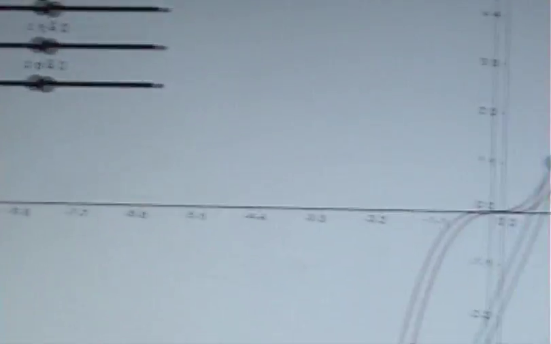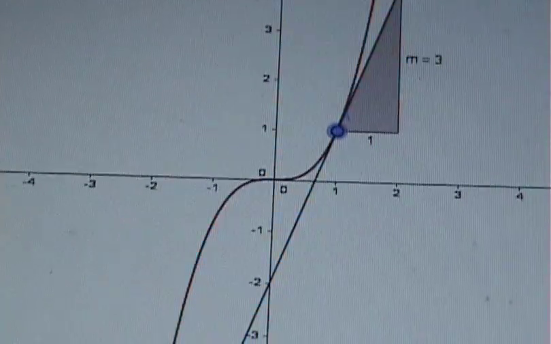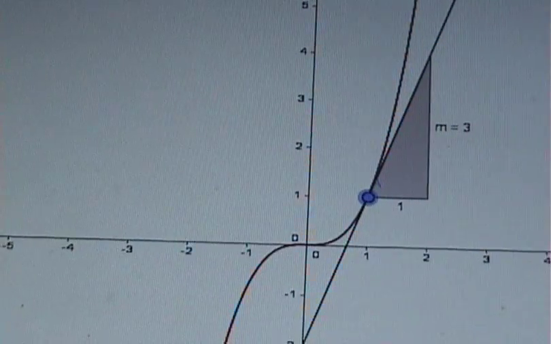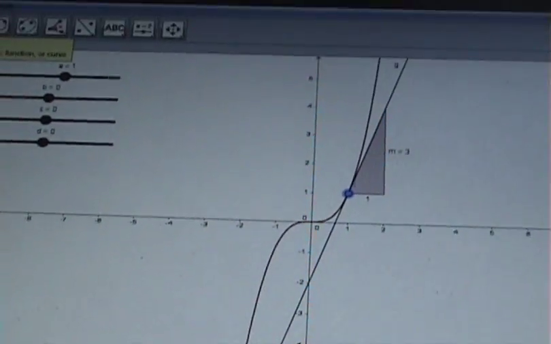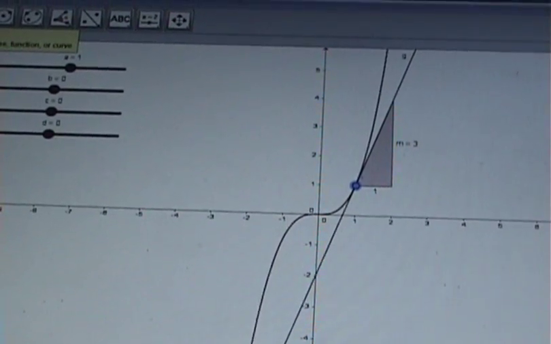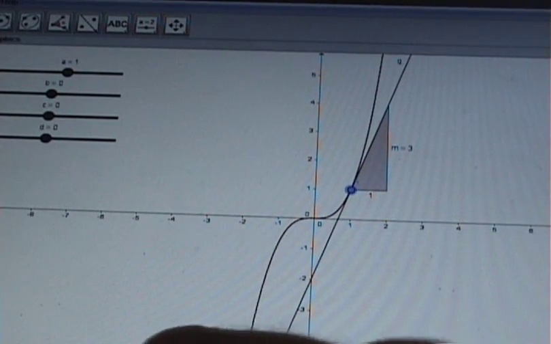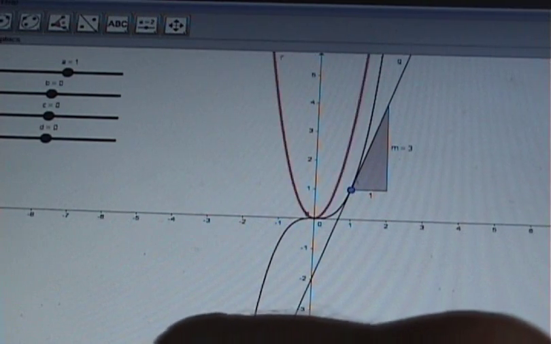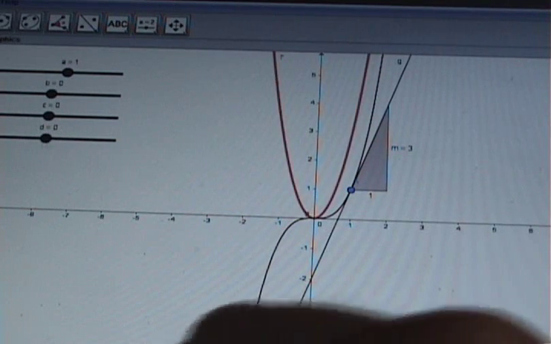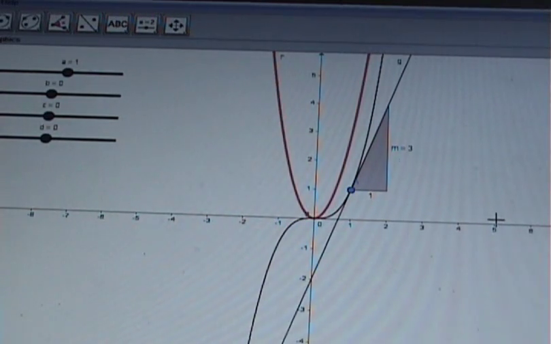So it's a little bit different, but what we're going to do is show you what the derivative looks like. As we said, for anybody who's taking calculus, the derivative of x cubed is going to be 3x squared. So the derivative is going to be our parabola 3x squared, which is demonstrated there.